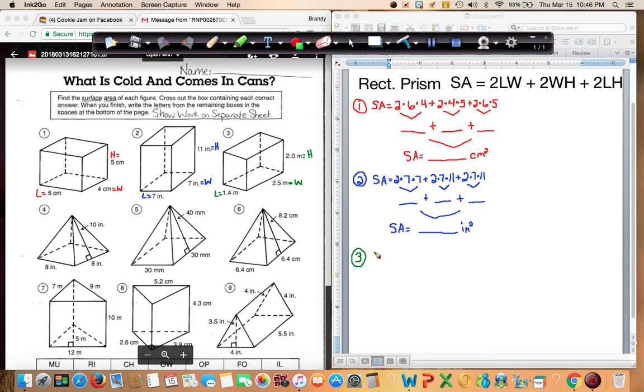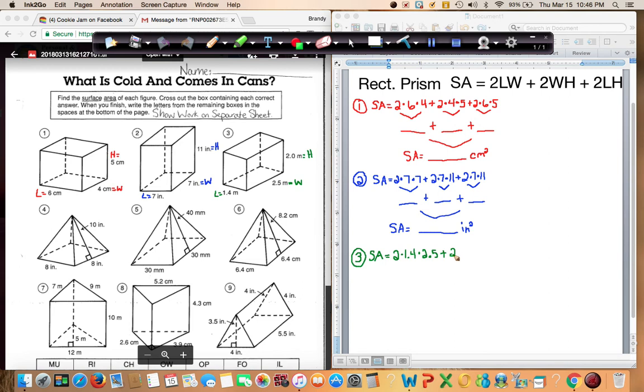And again, we have surface area equals 2 times my length, which is 1.4, times my width, which up here is 2.5. Okay, now again, length times width, that's going to give me top and bottom, plus 2.